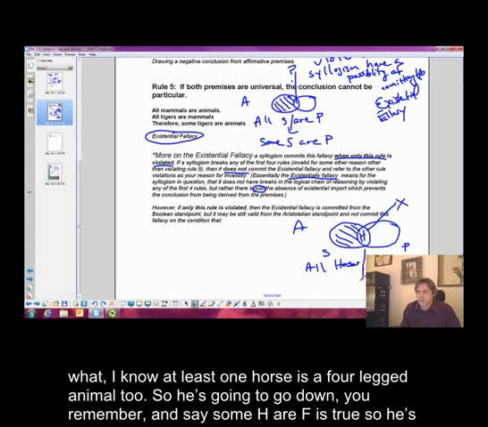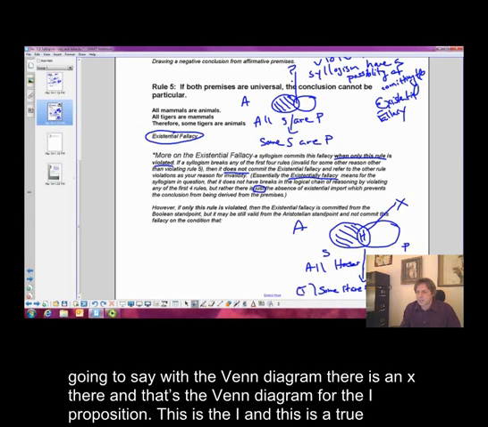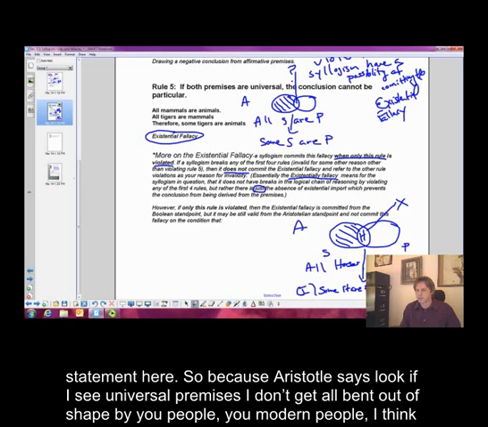So he's going to go down, remember, and say some horses are four-legged animals is true. So he's going to say with the Venn diagram that there is an X there, and that's the Venn diagram for the I proposition, right? This is the I, and this is a true statement here.